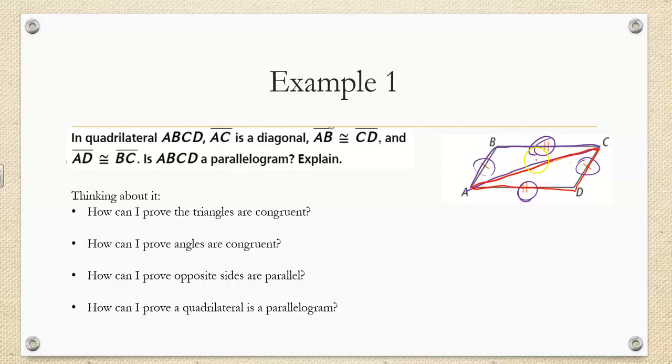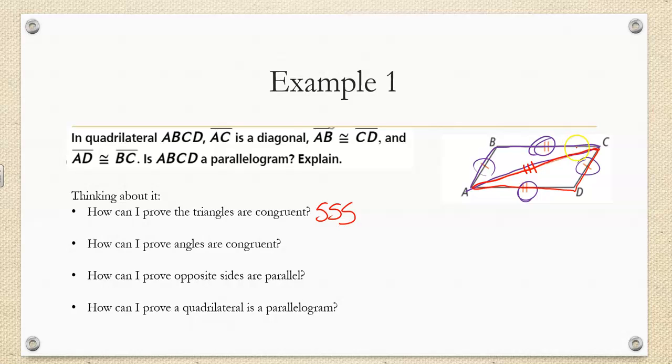Look what happens when I do that. They have the same side, right? They're sharing this side, and that side's congruent to itself. Now I can see just by looking that I can prove the triangles are congruent by side, side, side.